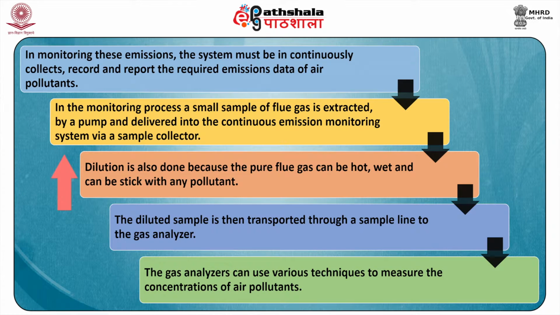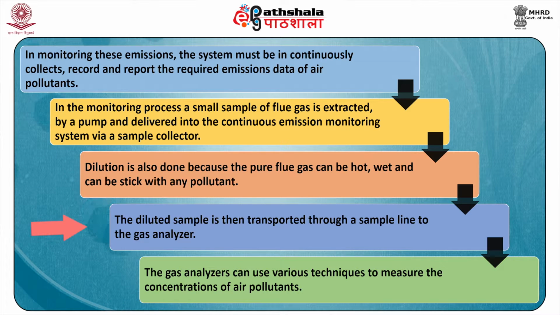In the monitoring process, a small sample of flue gas is extracted by a pump and delivered into the continuous emission monitoring system via a sample collector. Dilution is also done because the pure flue gas can be hot, wet, and can stick with any pollutant.